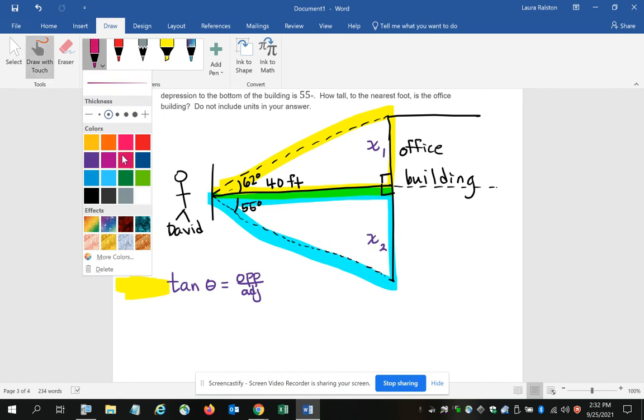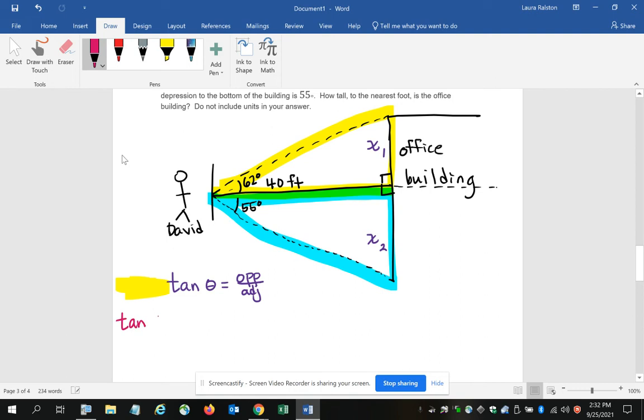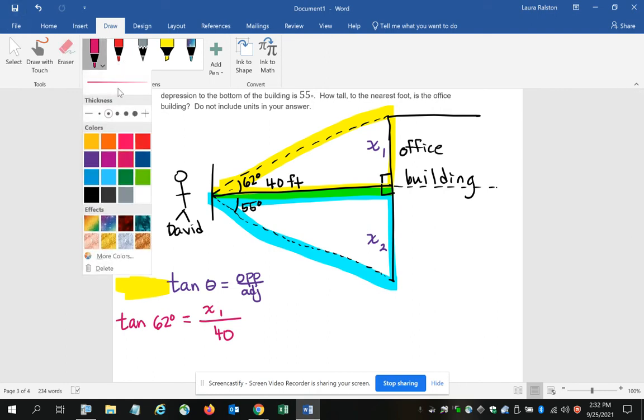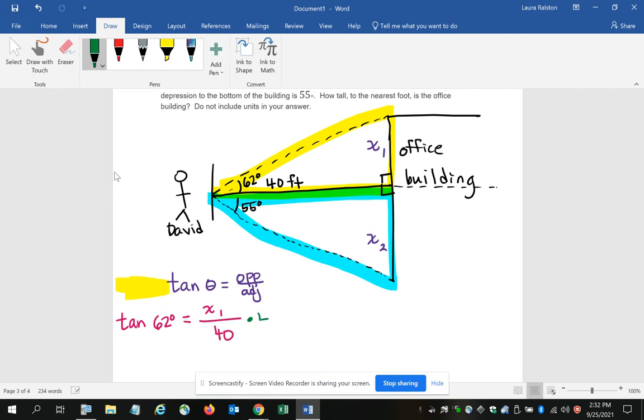So I would have the tangent of 62 degrees is the opposite, which is x1, over the adjacent, which is 40. And then I have to solve that for x1. So I'm going to multiply both sides by 40.